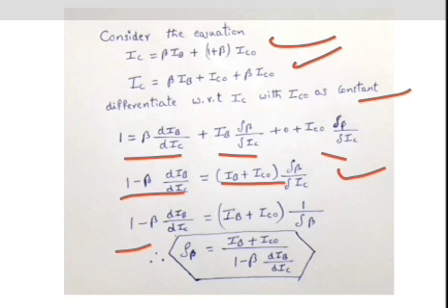Therefore 1 minus beta into delta IB by delta IC equals IB plus ICO into 1 divided by delta beta. Therefore SB equals IB plus ICO divided by 1 minus beta into delta IB by delta IC.